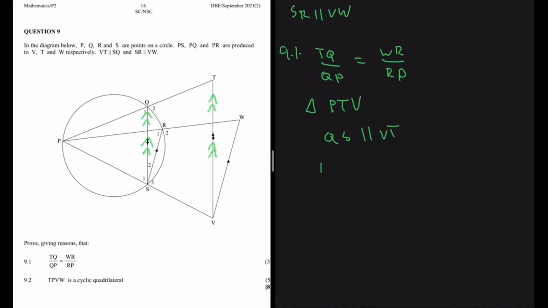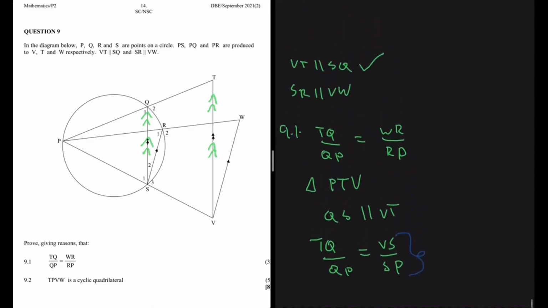We're saying that TQ divided by QP will be equal to VS divided by SP. We can only say that if we have two lines that are parallel in the triangle, right? They will divide the two sides proportionally. So that's all we have deduced for now.